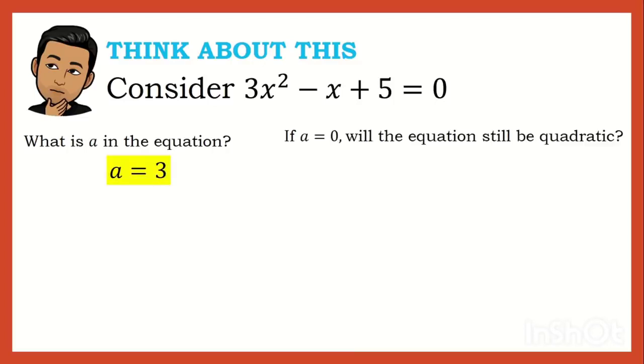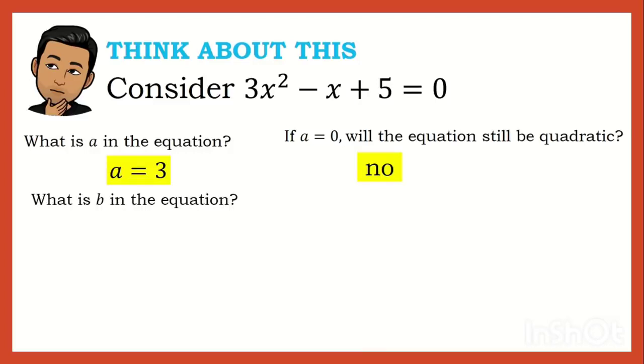If A is equal to 0, will the equation still be quadratic? No. Kagaya nga ng sinabi ko kanina, if A will become 0, then the value of it ay mag-i-equal sa 0. So that will become linear equation na.